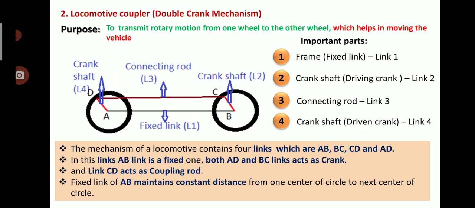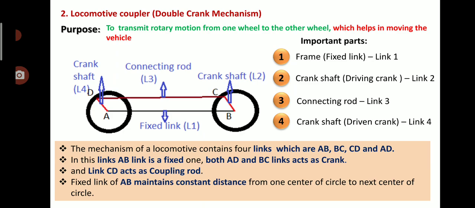The mechanism of the locomotive coupler contains 4 links, which, as you can see in this picture, are AB, BC, CD and AD. In this, link AB is fixed, and this is the fixed link.